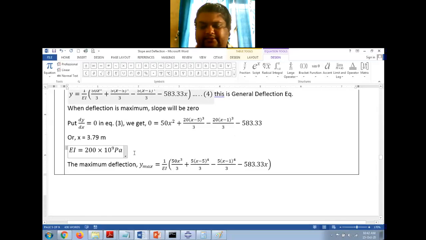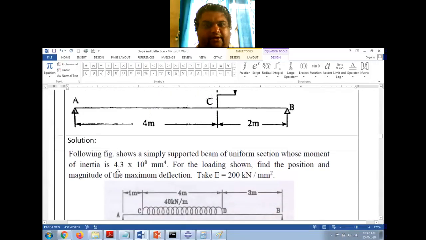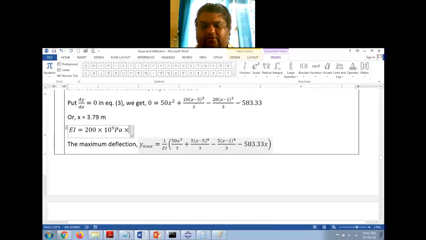This multiplied by I, how much is it? 4.3 into 10 raised to 8, and this is mm raised to 4, right?